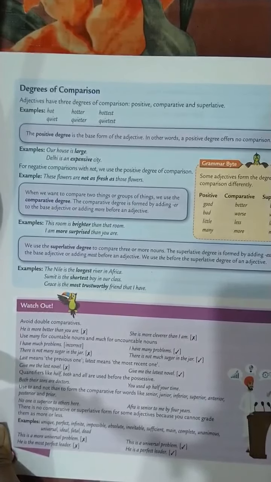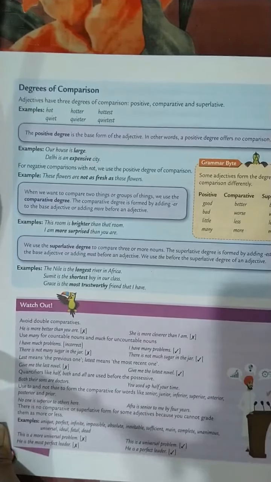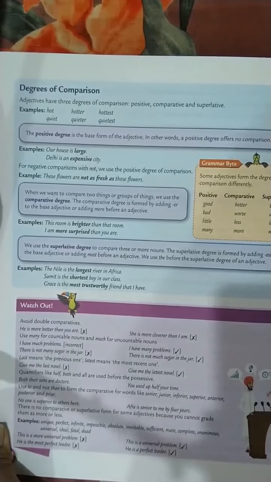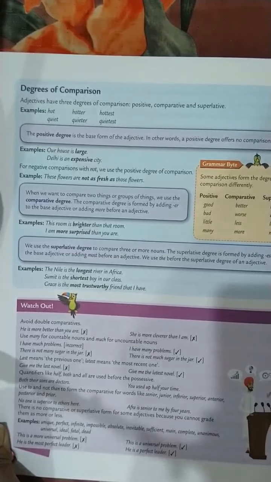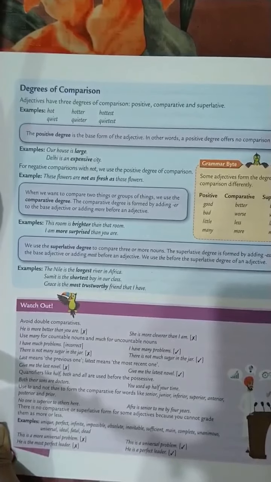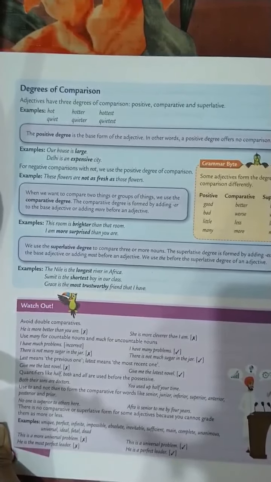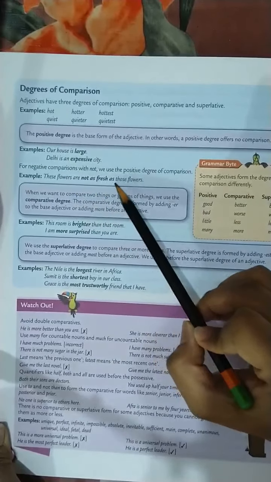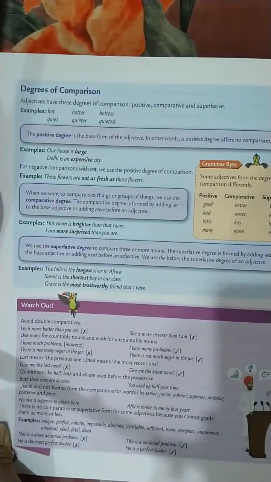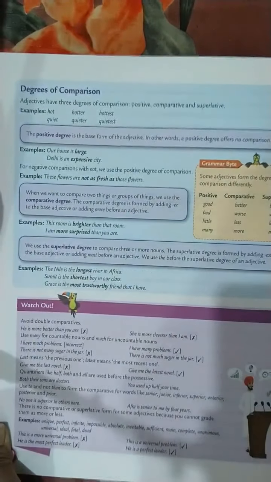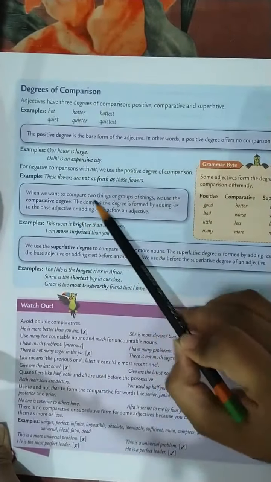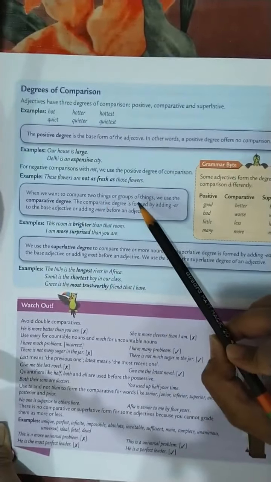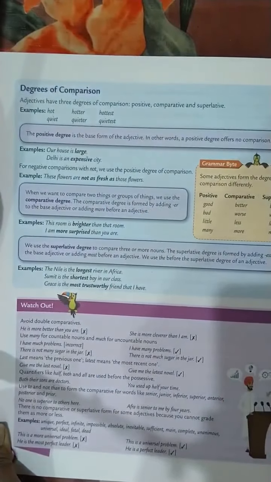With not, we use the positive degree of comparison. When we want to frame a sentence with a negative comparison, we put not and then use the positive degree, like these flowers are not as fresh as those flowers.